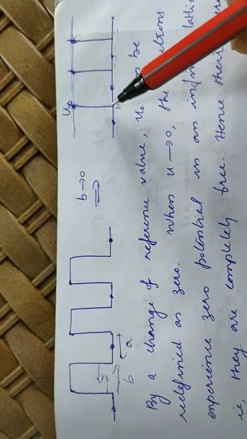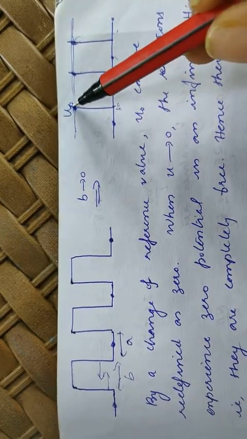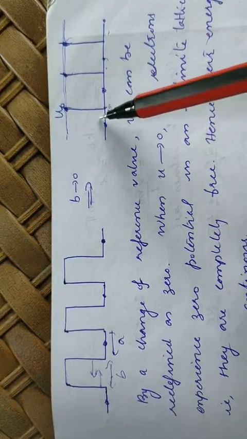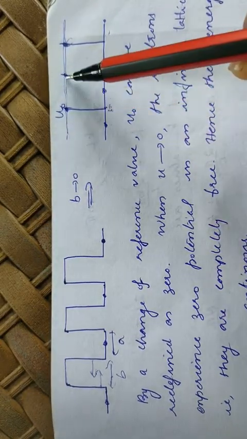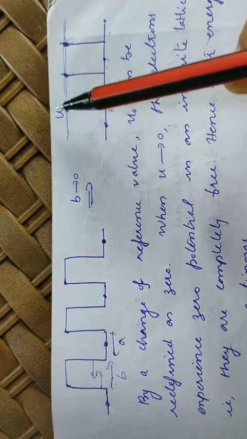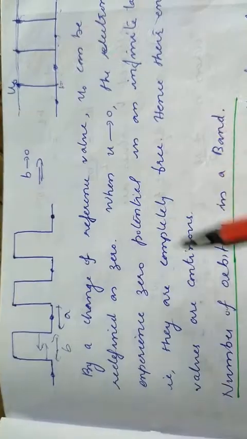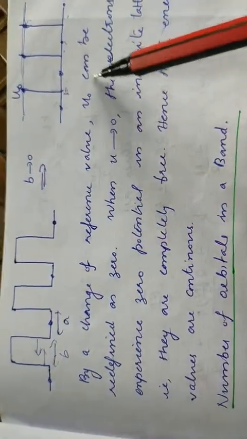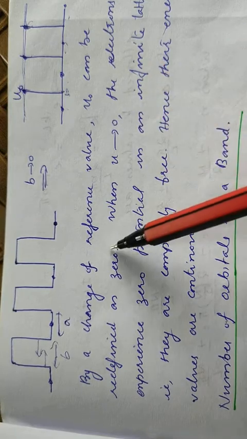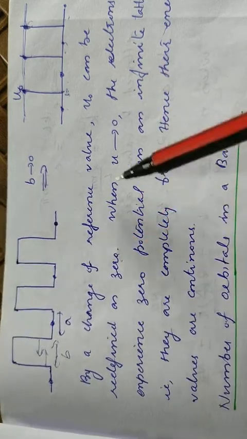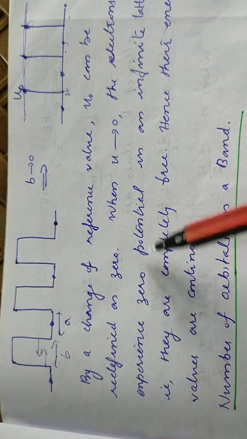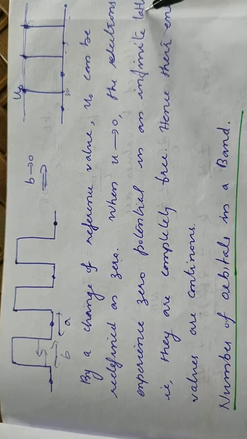So what will happen? By the change of the reference value, that is a single valued potential at these points when b tends to 0, u0 at this point, etc. So by change of reference value, u0 can be redefined again as 0. When u tends to 0, the electrons experience 0 potential in an infinite lattice.